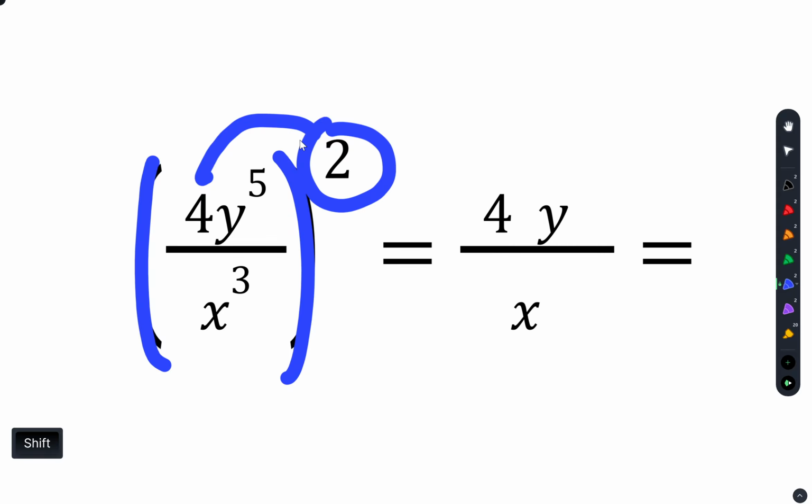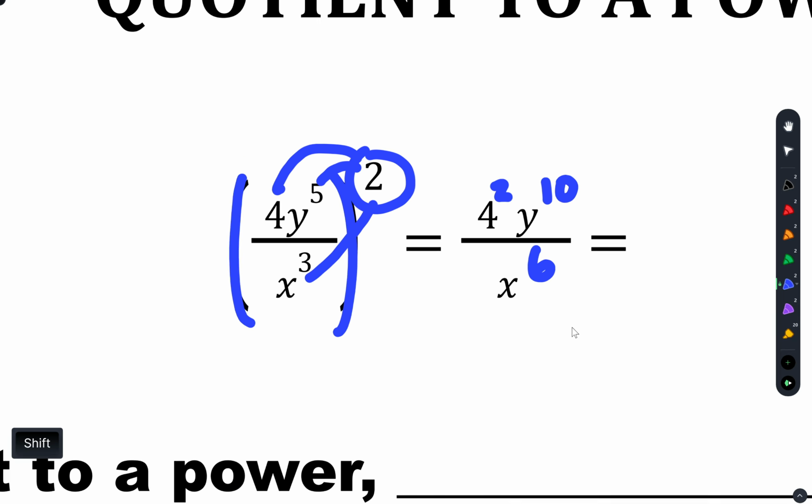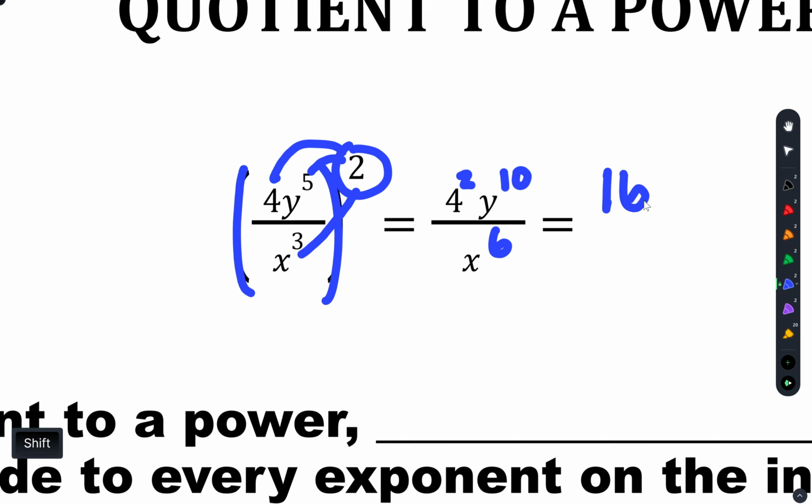To the 4, so 4 to the 2nd power. To the 5, multiply those exponents, that's y to the 10th power. And then also to the x, which is x to the 6th power. Which simplifies out to 16 y to the 10th over x to the 6th.